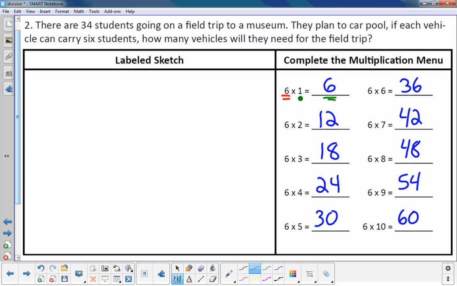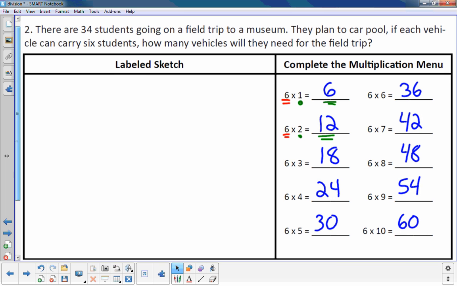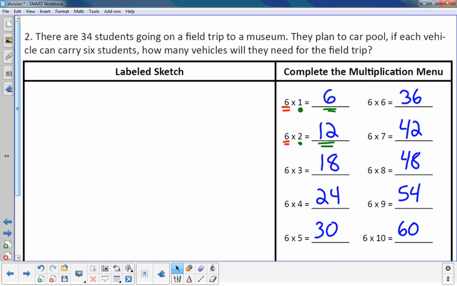And then down below, if I have 6 students in 2 cars, I would have a total of 12 students, and so on. So I have to think about students in a car. They're going on a field trip. There's 34 students going on a field trip, and 6 can fit in a car.